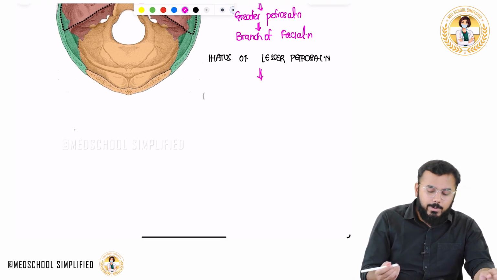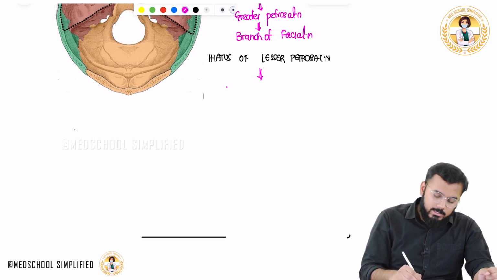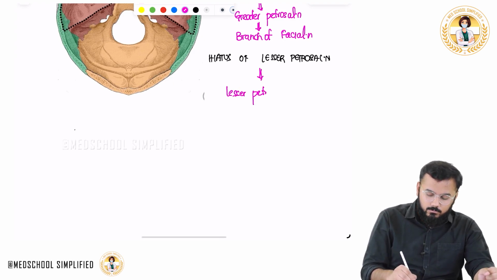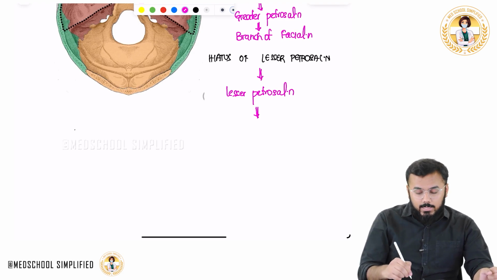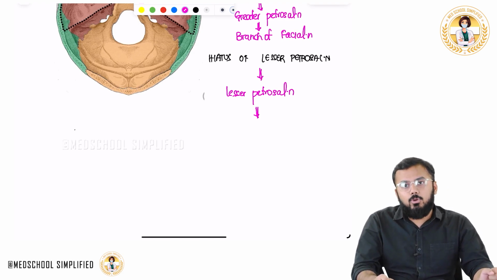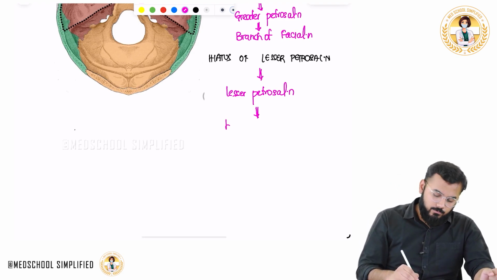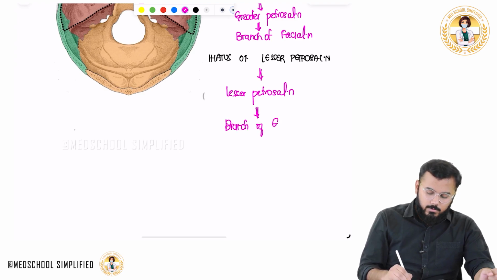Again, if this is the greater petrosal nerve, then this one will be called the lesser petrosal nerve. Now if the greater petrosal nerve is a branch of the facial nerve, then this lesser petrosal nerve is a branch of the glossopharyngeal nerve.